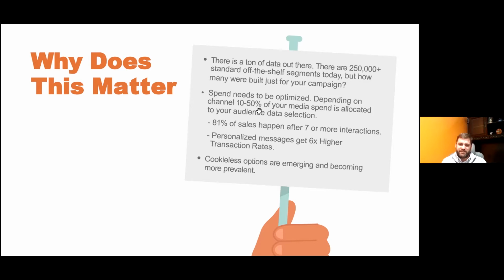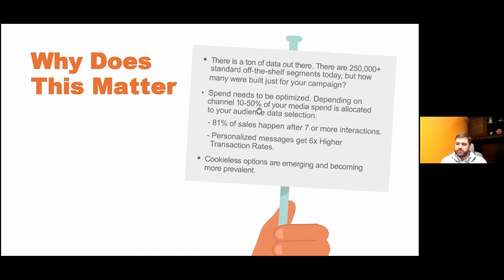What we're attempting to achieve with syndicated audiences or off-the-shelf segments or general digital audience targeting is to really hone in on the relevant audience without excluding anyone who would be part of that. So it's kind of that balance between precision and recall, which I believe we'll define a slide or two later.